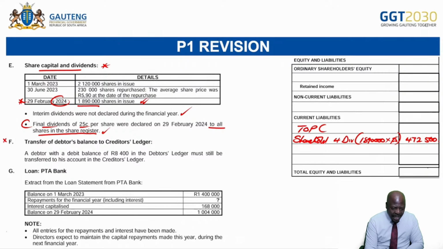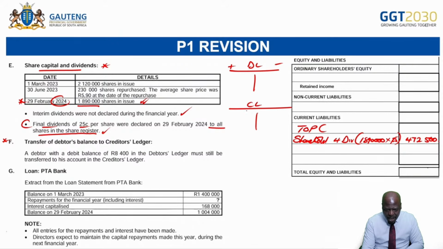And we meet again a similar adjustment. You remember, we passed this road before. A debtor with a credit balance must be transferred to the creditors' ledger. So here we have a debit balance of 8.4, as they've said.